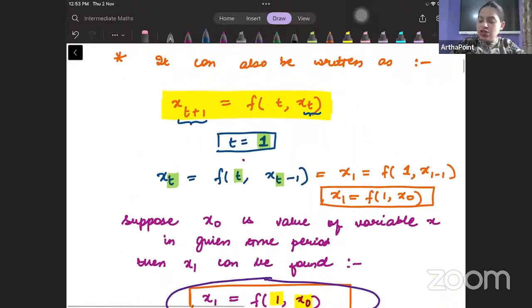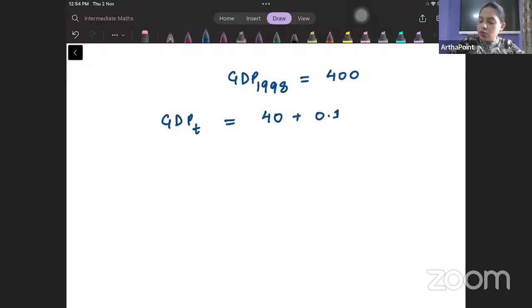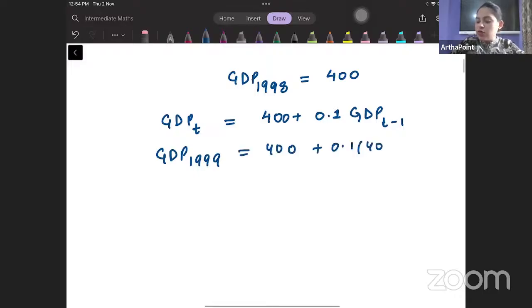I know what my GDP is. ऐसा कुछ देखो. My GDP in 1998 is 400, suppose. But I tell you that GDP in any period t is 400 plus 0.1 times GDP of the previous period. So I can say that GDP of 1999 will be 400 plus 0.1 into 400. 400 plus 40, 440.